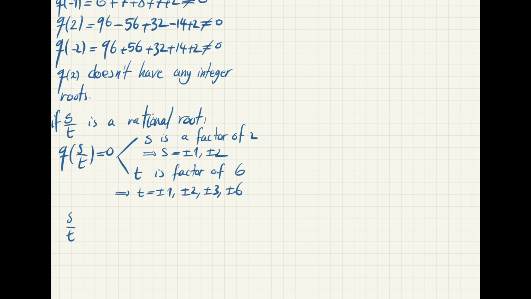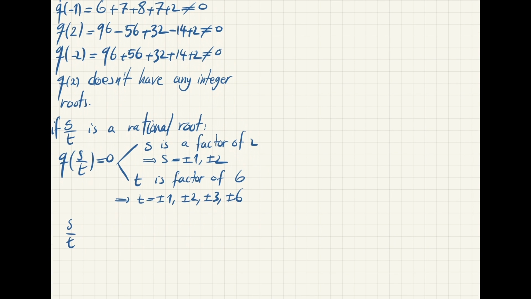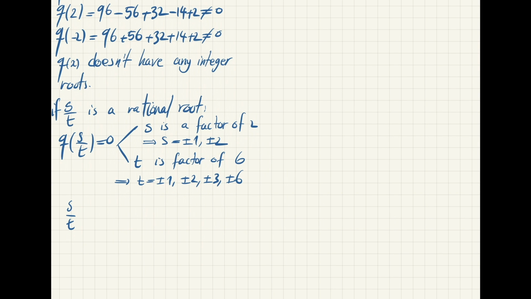I will get either plus or minus 1, which I have already checked here. The new numbers that I get, I will write in my list. The new numbers are plus or minus 1 divided by plus or minus 2, so it becomes plus or minus a half. This is something new.